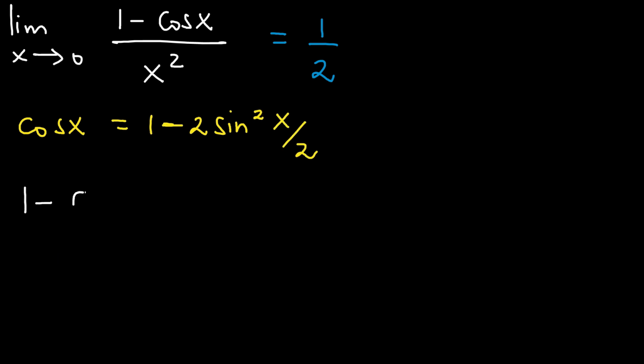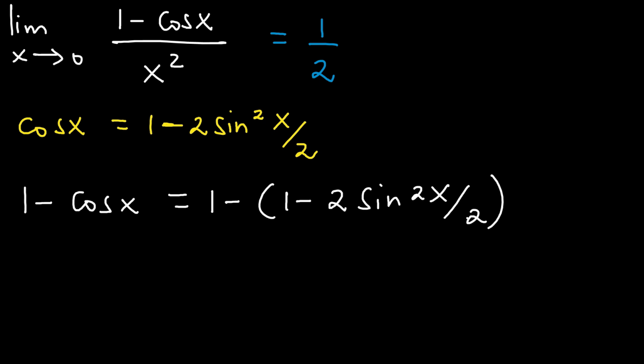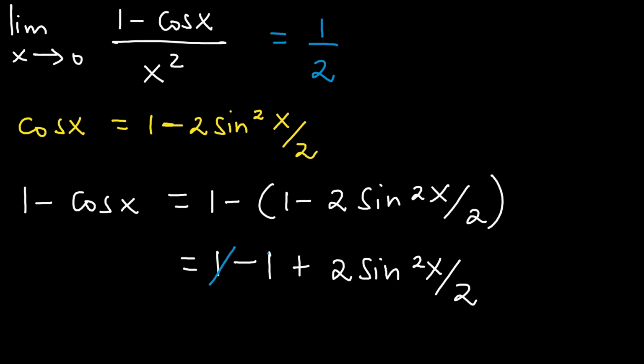Therefore, 1 minus cosine x will be equal to 1 minus, in brackets, 1 minus 2 sine squared x divided by 2. And if we open the brackets, we shall have 1 minus 1 and then plus 2 sine squared x divided by 2. Now this 1 will cancel with that. And so we shall remain with 2 sine squared x divided by 2.